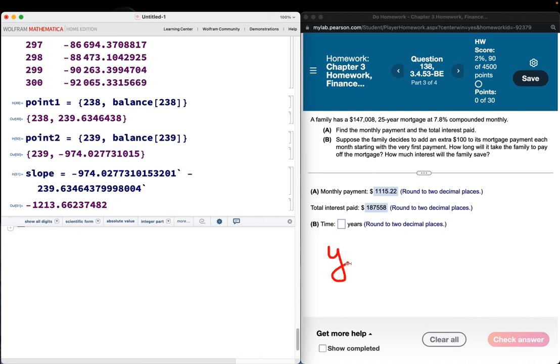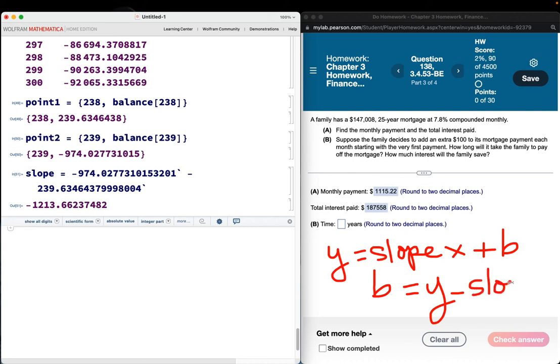Okay, so then we need to figure out, again, I'm using y is equal to the slope times x plus b. So b is equal to y minus slope times x. Looks good. So pick a point. It doesn't matter which point.